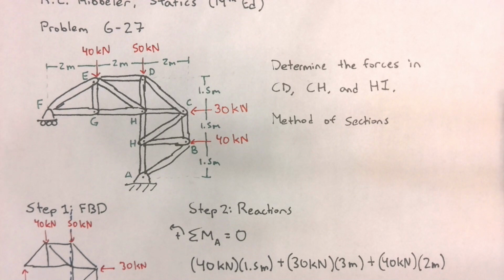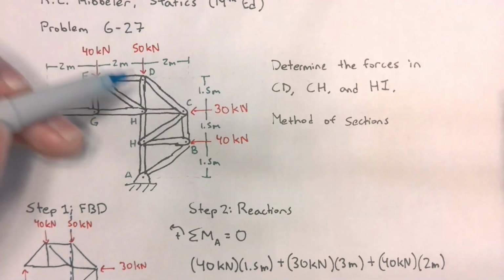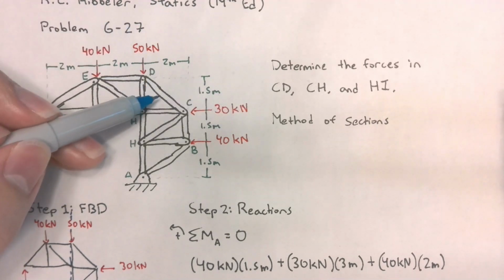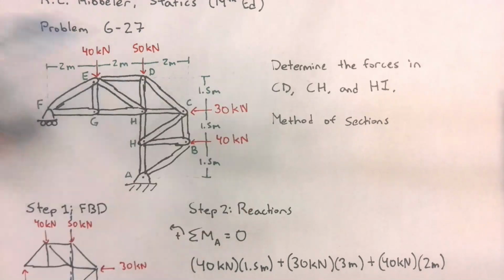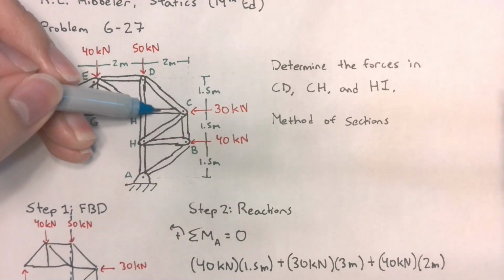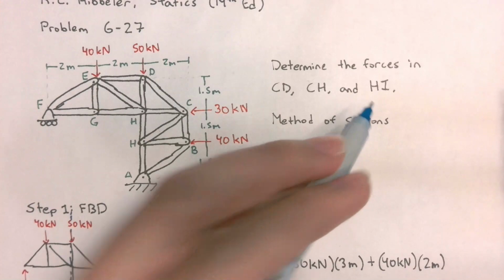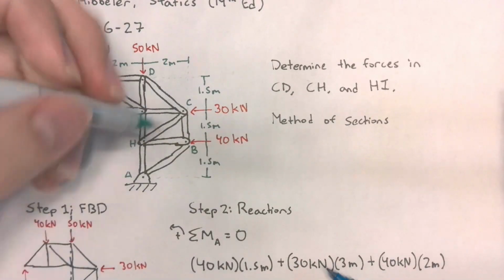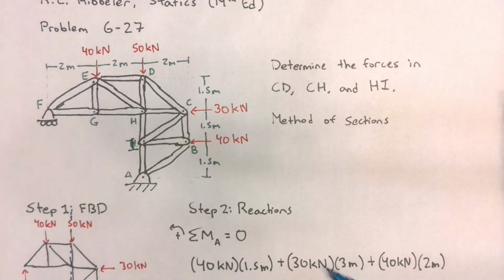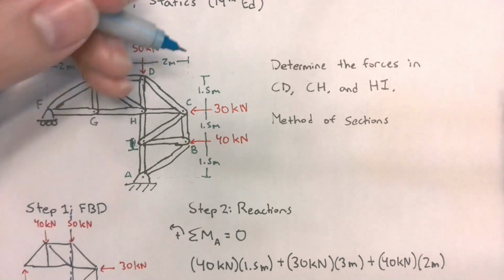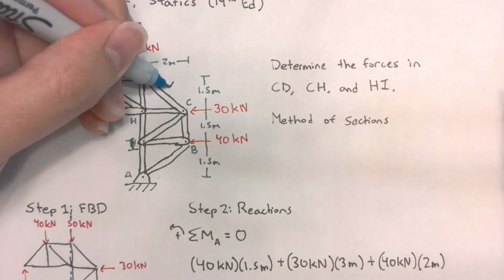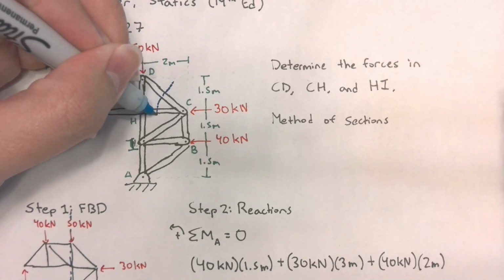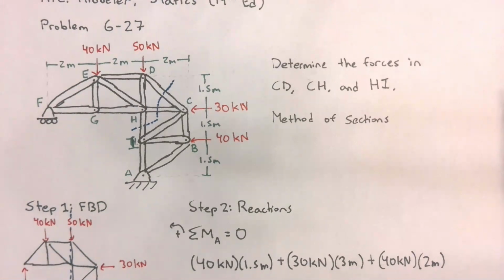So in this case, my three members are CD, so I want to make sure my cut goes through this member. CH, so I want to make sure my cut goes through this member. And HI, so I want to make sure, oops, I didn't draw this correctly, this is I. And HI, so I want to make sure my cut goes through this member. So I can just draw my cut roughly like this.